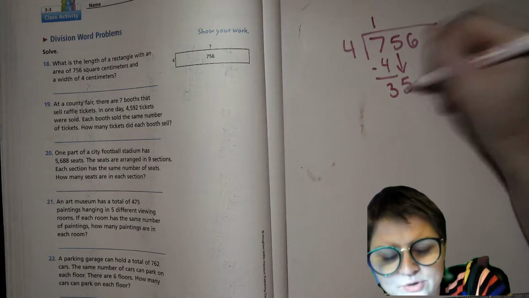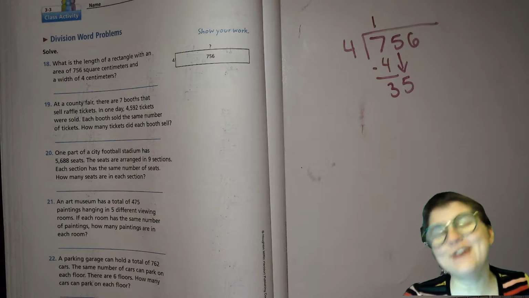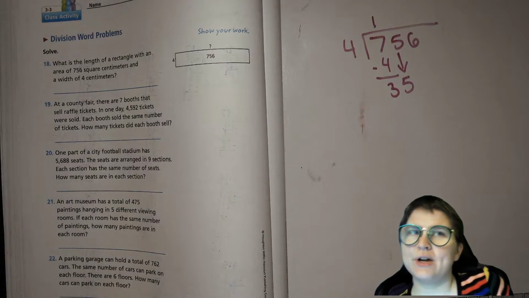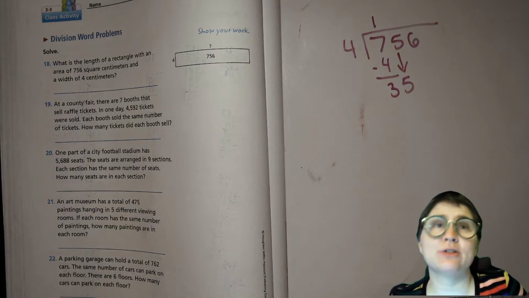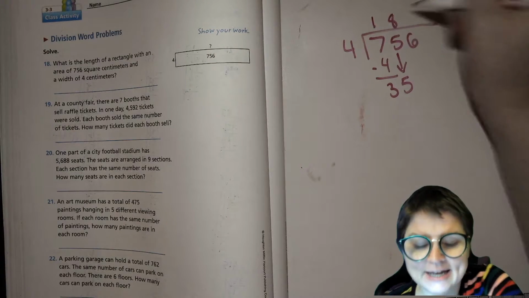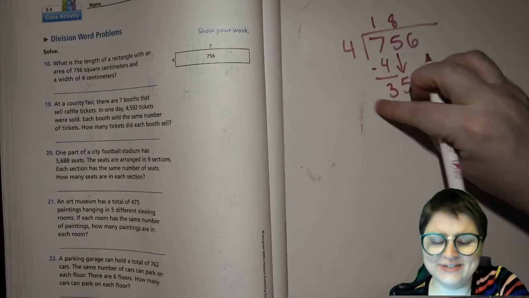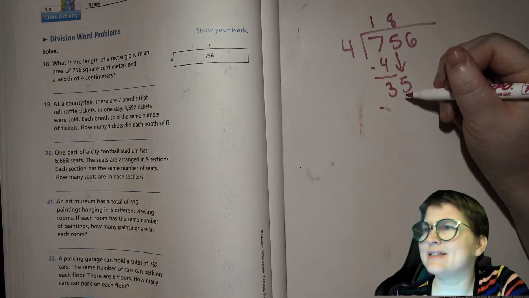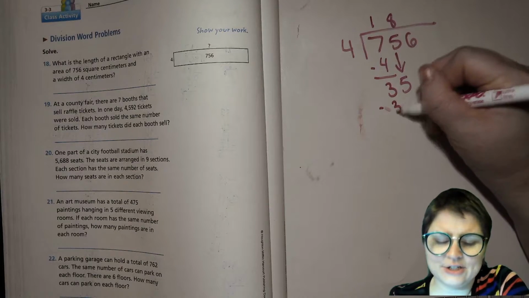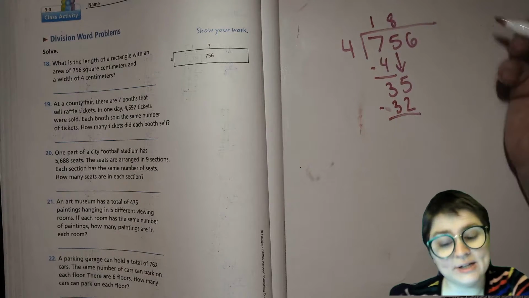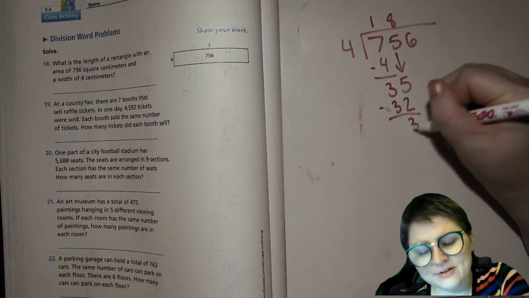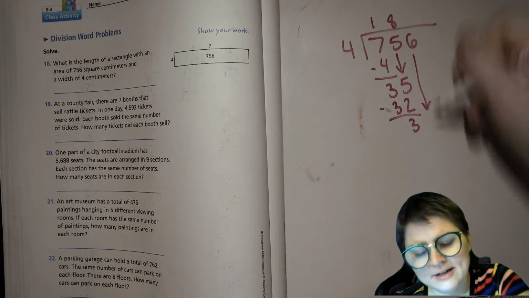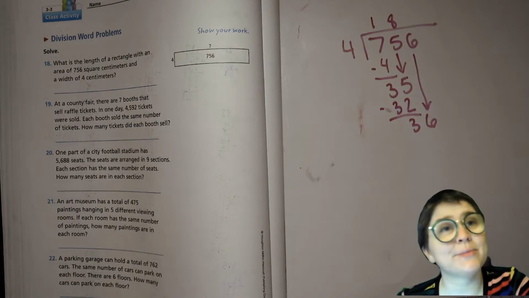Our 5 will join that. I know that 9 times 4 is 36, but that's too big. So let's do 4 times 8. And 4 times 8 is 32, which is 4 less than 36. And then we'll find our difference there. And hey, what do you know? That math fact from earlier was useful.